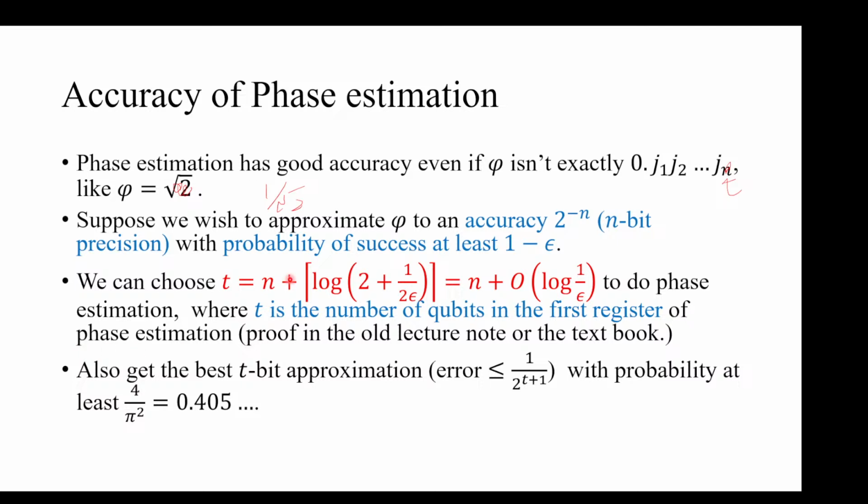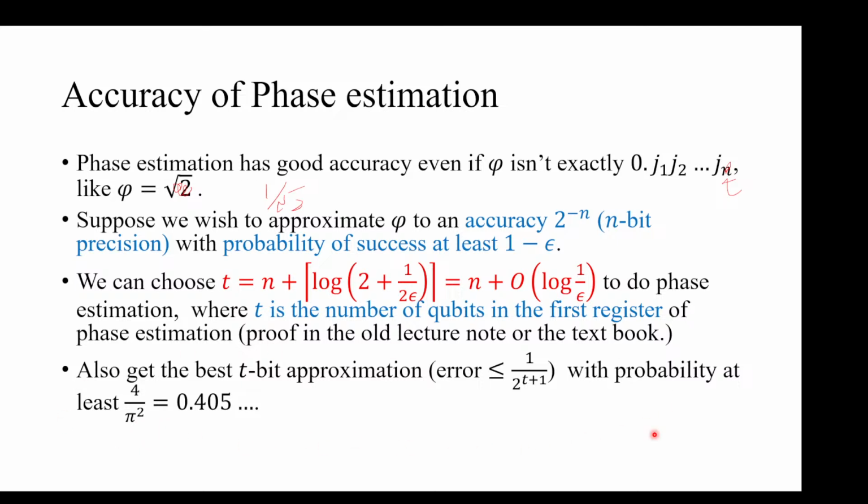We have a detailed calculation in the textbook, basically saying that the error decays quadratically, as 1 over some L squared. But anyway, you can find the calculation in the textbook. And so that says phase estimation has very good accuracy.